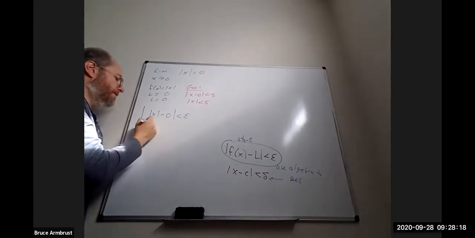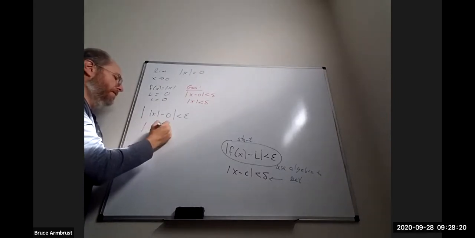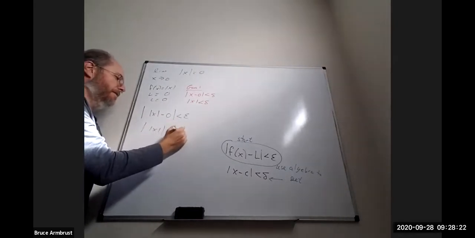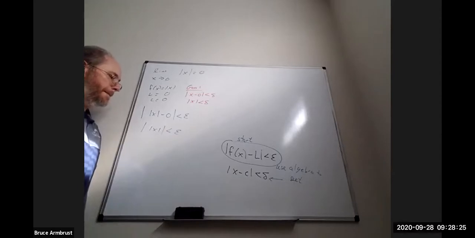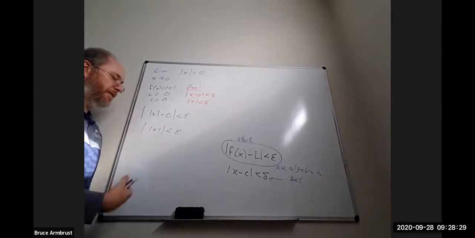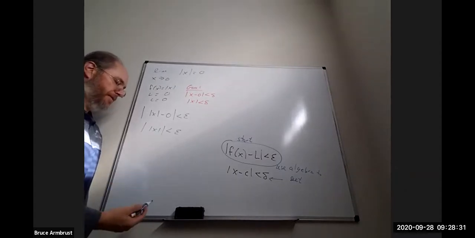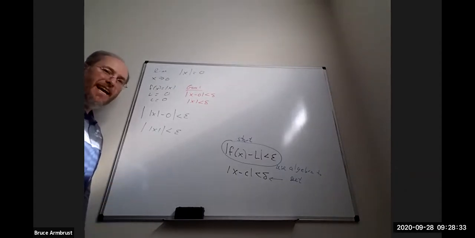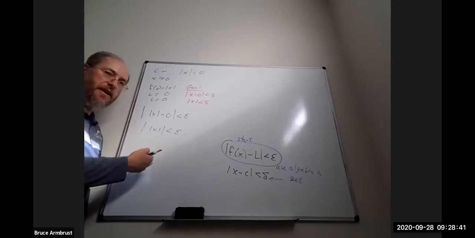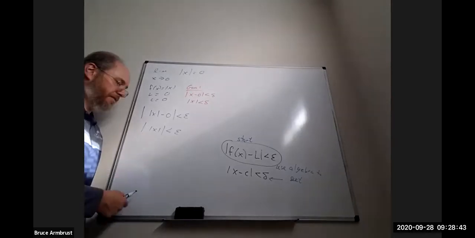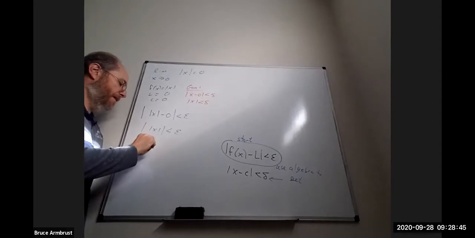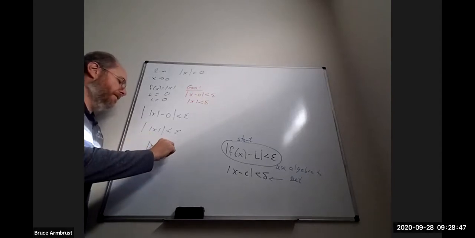Obviously, subtracting 0 is just going to give me the absolute value of x. And if we take the absolute value of the absolute value, the second absolute value is redundant, right? Think about what absolute values do. They return a positive number. So if I take an absolute value of a positive number, it's still positive. So this is actually the same as the absolute value of x is less than epsilon.